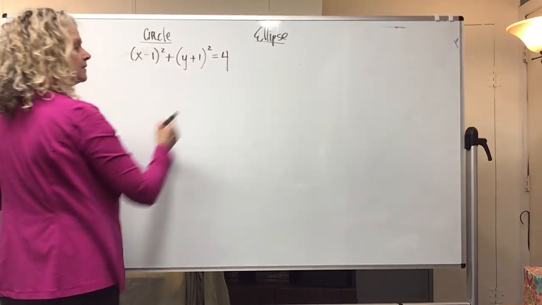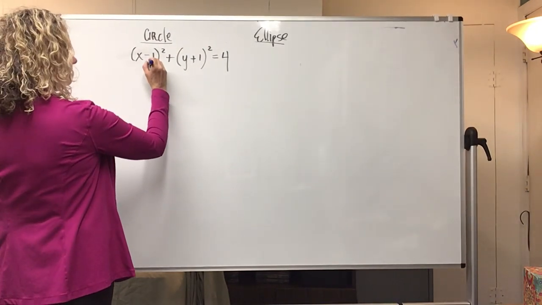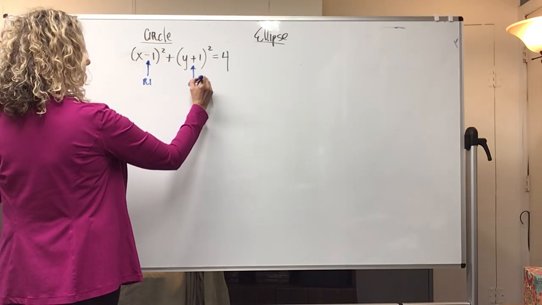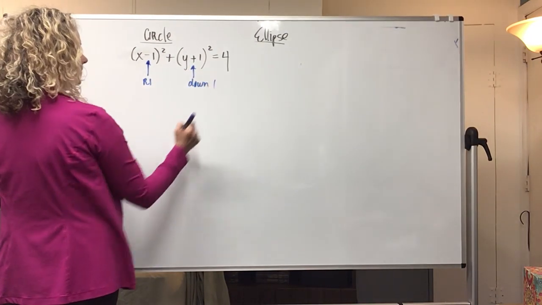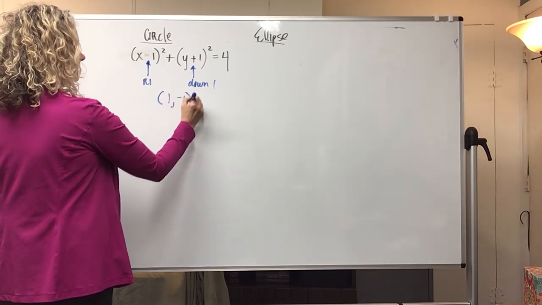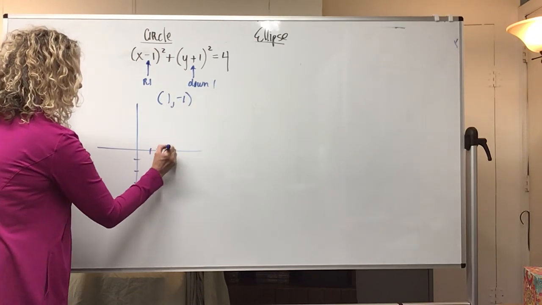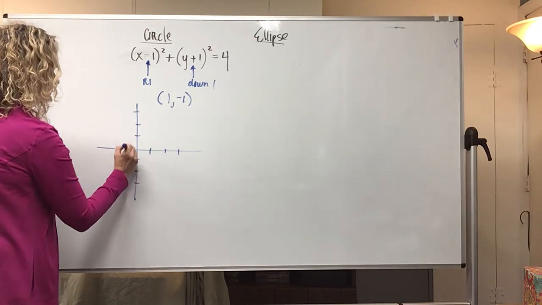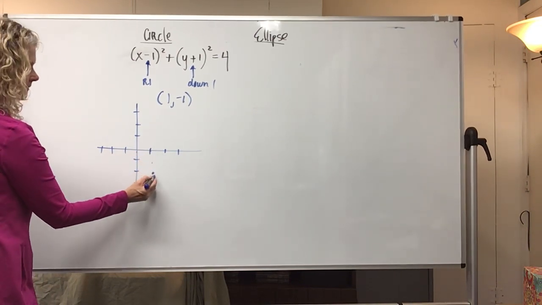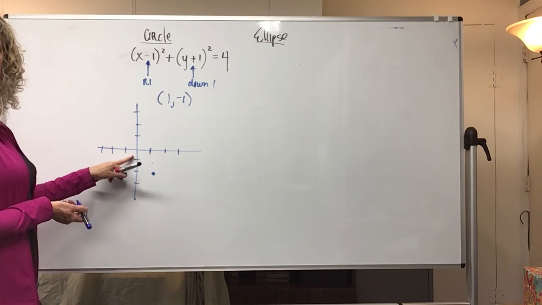So hopefully you remember, this is going to be right 1, down 1 for the center. So our new center is going to be 1, negative 1. So notice 1, negative 1, that's our center, as opposed to the parent graph would have a center at 0, 0.